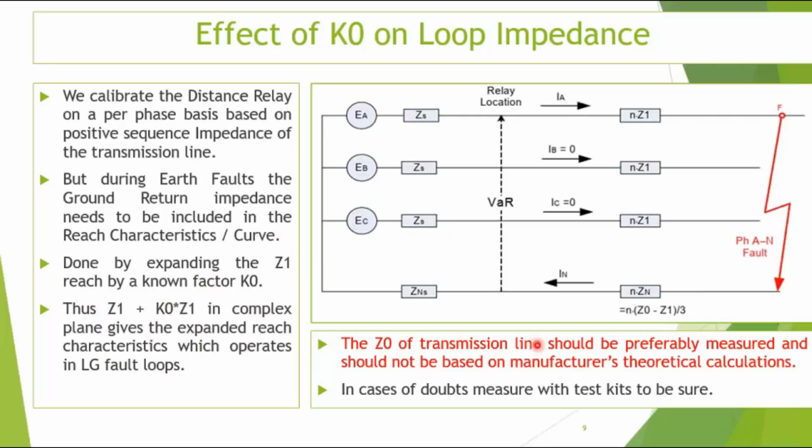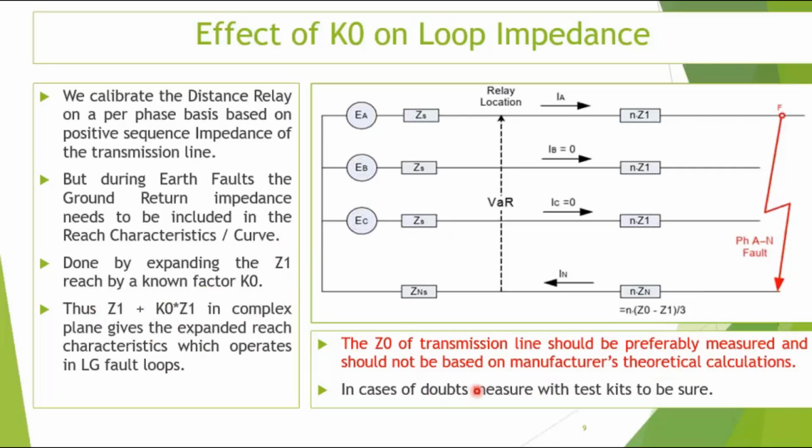The Z0 of the transmission line should be preferably measured and not based on manufacturer's theoretical calculations. These theoretical calculations are based on the tower design and tower distances and all those. So preferably it should be measured. If not, go on using the manufacturer given Z0 values.